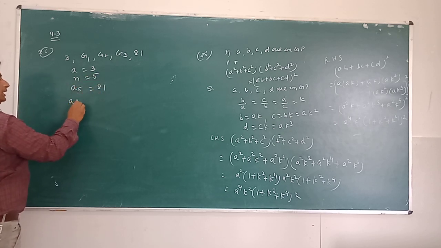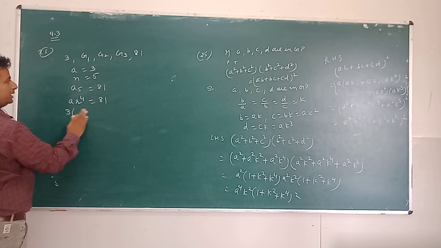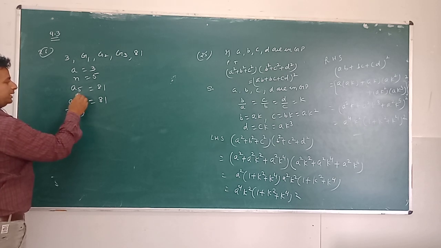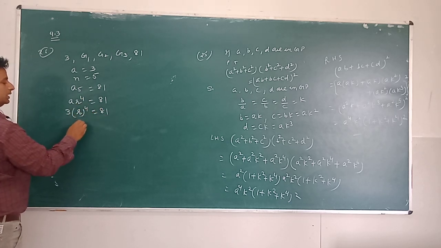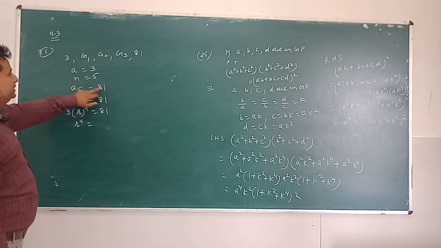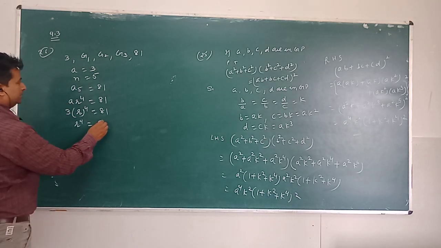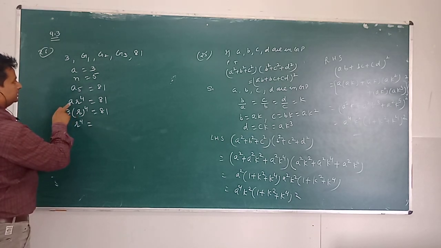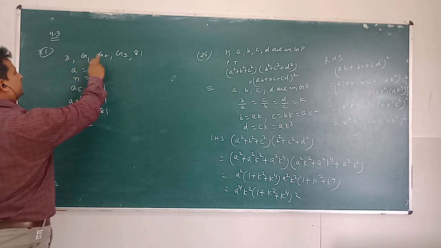As we know, a5 is ar⁴, which is 81, a is 3, and the value of r should be found.